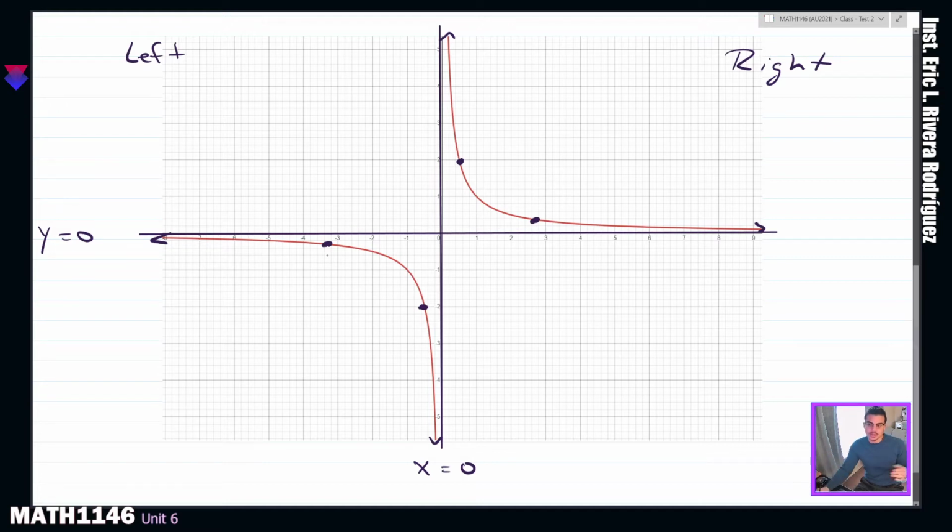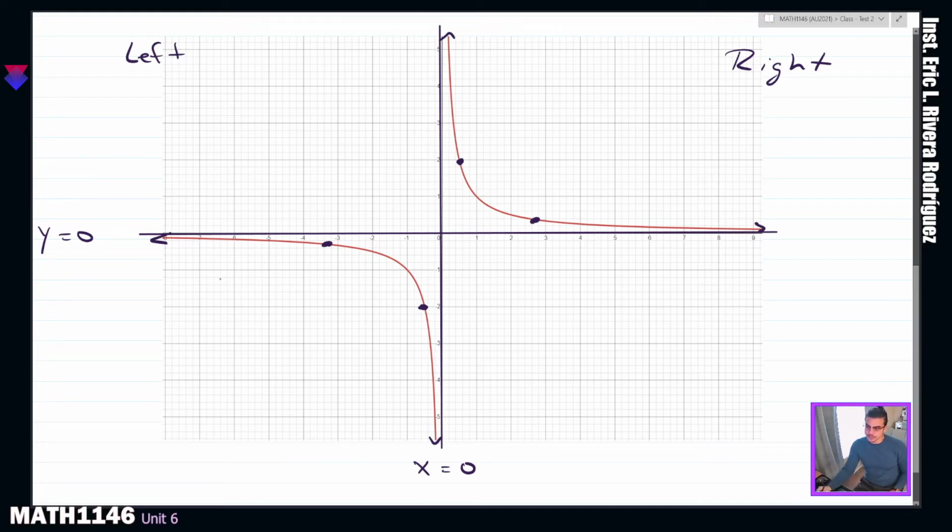Then we can determine the shape of the graph on each side. Knowing that the graph or the curve on the left side needs to pass through these 2 points, the curve never will touch or cross the asymptote, but it will get closer and closer to the asymptotes.